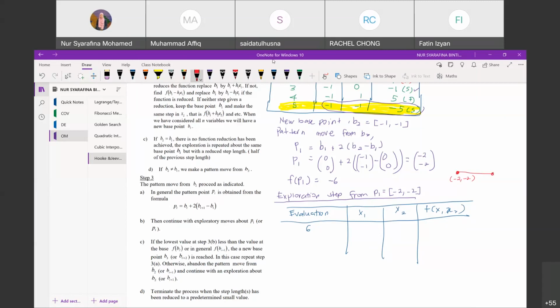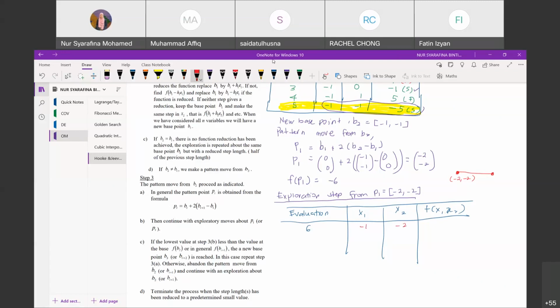What is our next point? Yes, minus 1, minus 2.